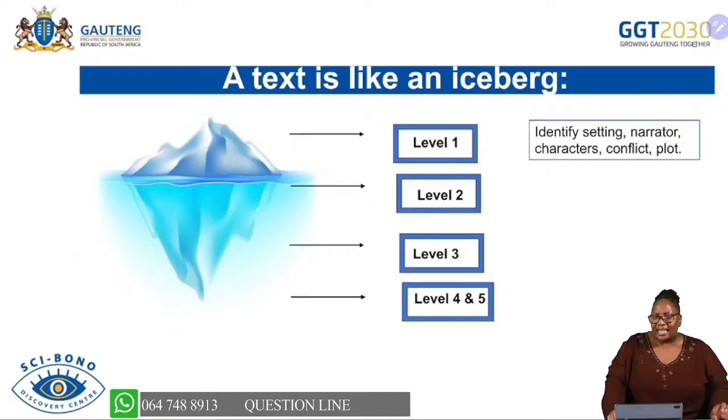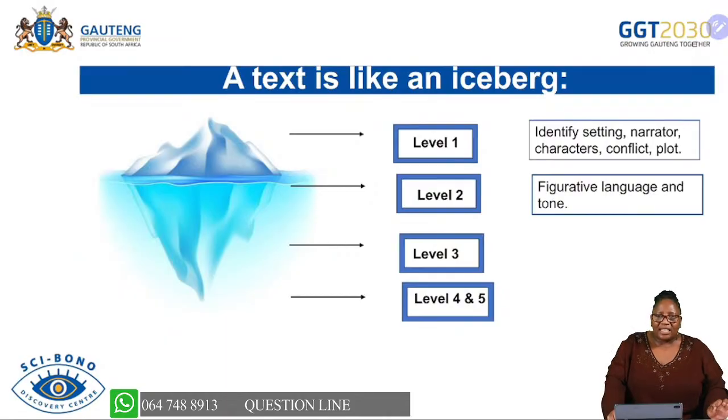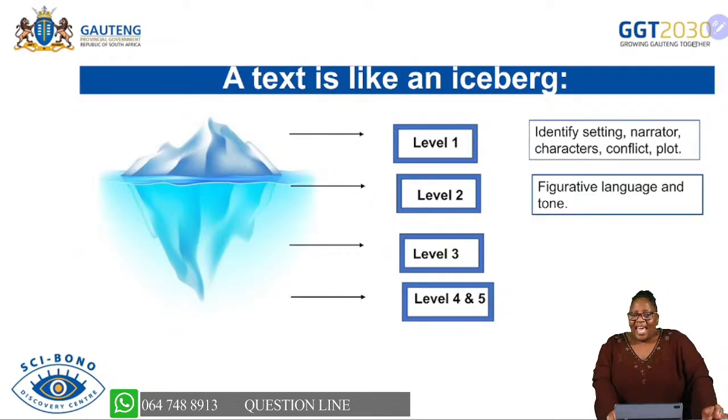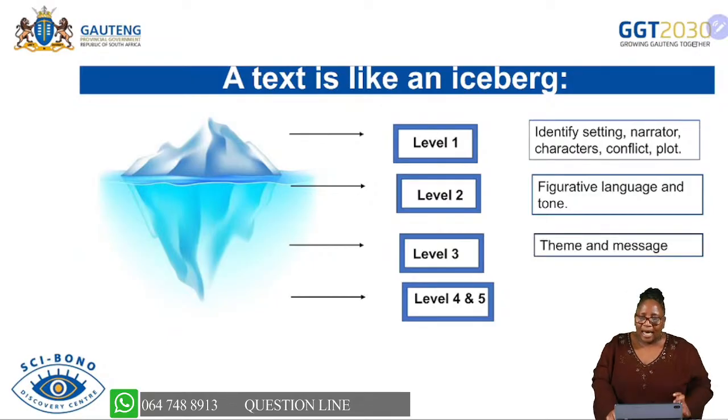And what does it entail? With level 1, the expectation is candidates, you have to identify the setting, the narrator, the characters, the conflict, and the plot in any particular set work, be it a drama, novel, short story, or poetry. Then you are going to read for level 2, where you have to know the figurative language and the tone of a particular set work or an extract.